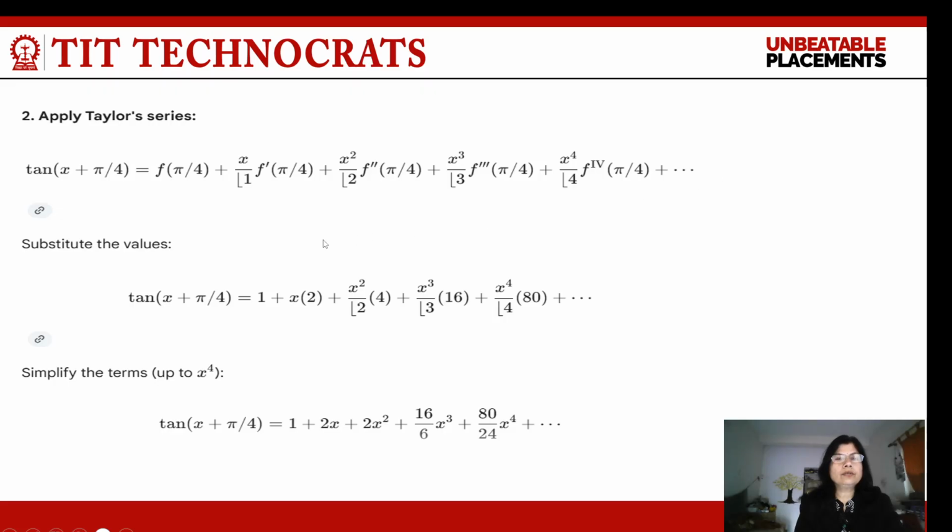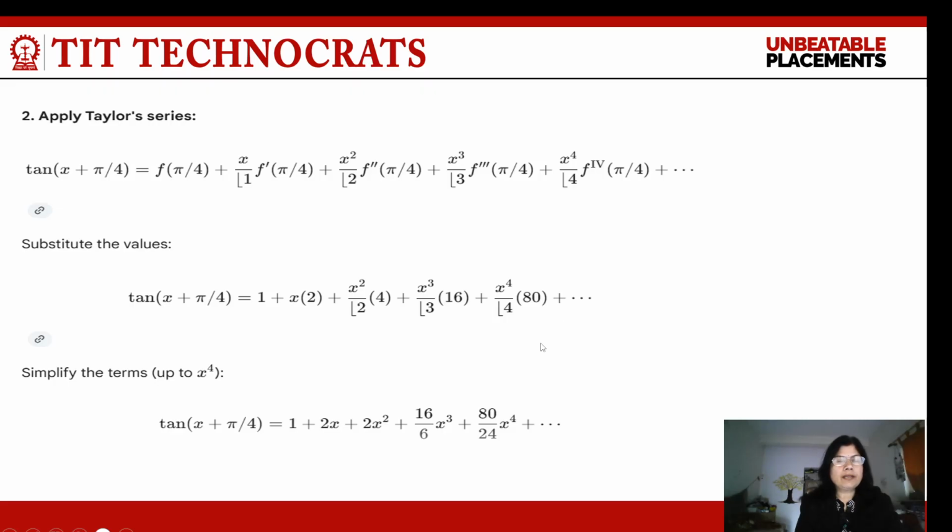Now substituting the above values in this theorem, that is tan(x + pi/4) is equal to 1 + x into 2 + x^2/2! into 4, because f''(pi/4) is 4, + x^3/3! and f'''(pi/4), that is 16, + x^4/4! and the fourth derivative at pi/4, that is 80, + and so on.